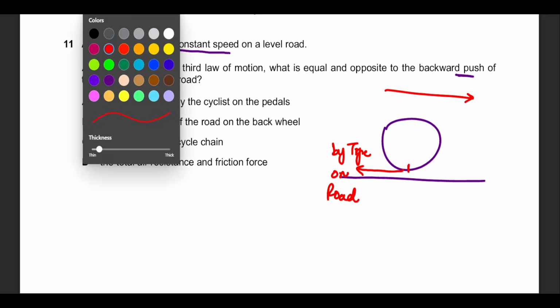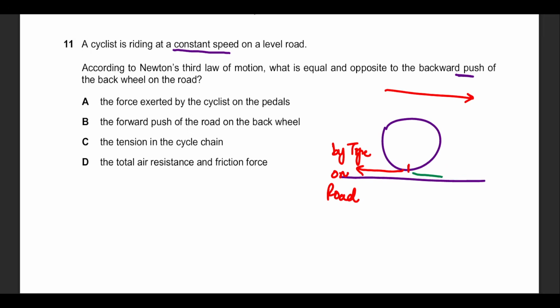Now, what the road does in response is apply a force in the opposite direction. So this green arrow is by the road, but on the tire. So if that's the action force, then the forward push of the road on the back wheel will be the reaction.